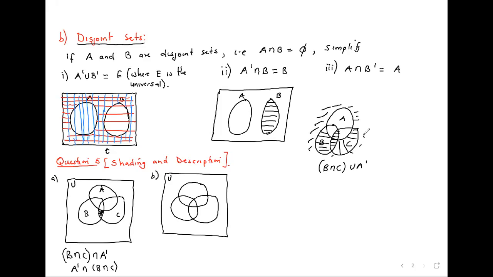So how do we restrict the solution to what has been shaded in the question? Since we have not touched A, then we are saying A complement, because A complement is the outside of A. Now, to avoid going outside here, we use intersection, so that the part of A which is not in B intersection C should not be touched.